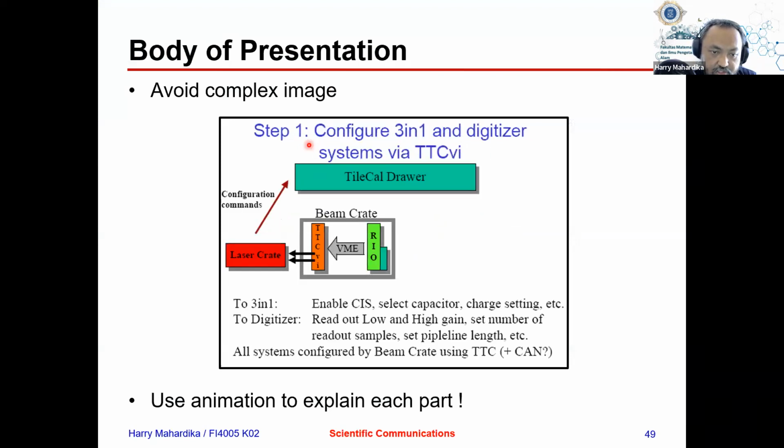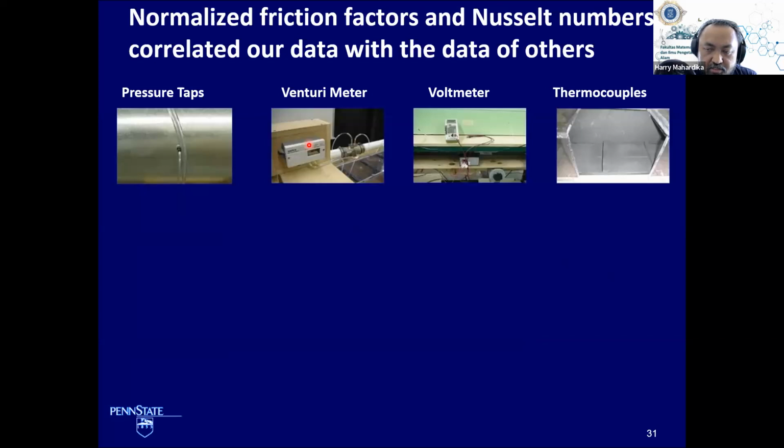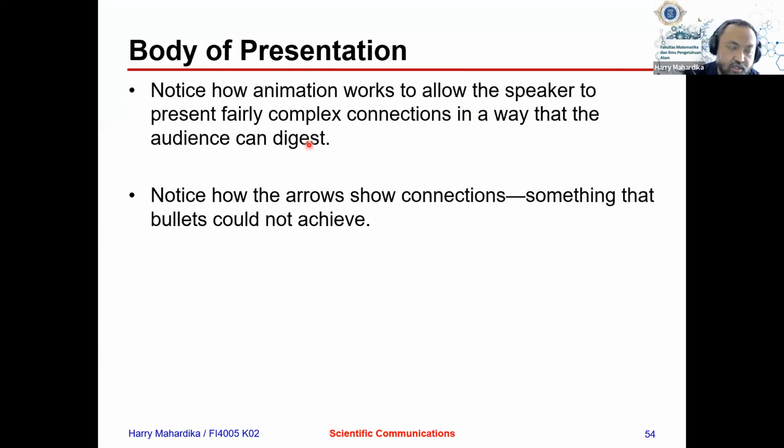So you can choose to manage your transitions in different slides, or you could make a transition in the same slide but use proper animation like this one. In the body of the presentation, notice how animation allows the speaker to present fairly complex connections in a way that the audience can digest, but please remember to keep them simple so the audience can easily follow.